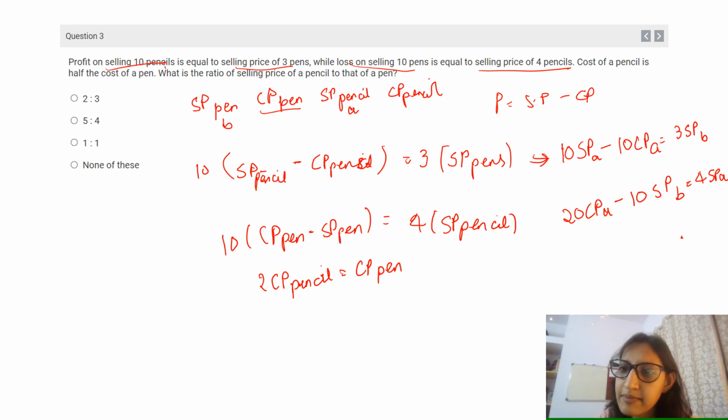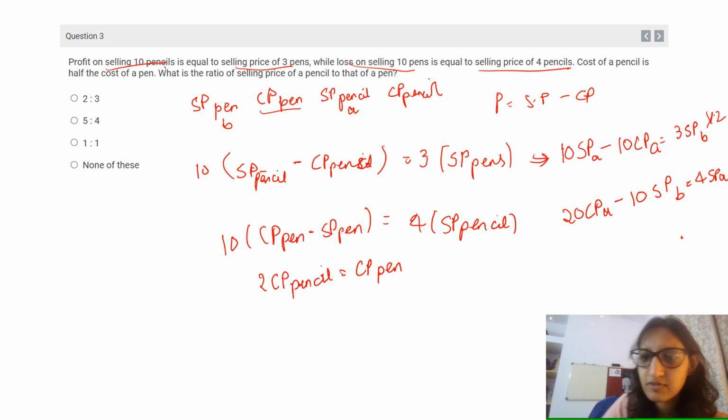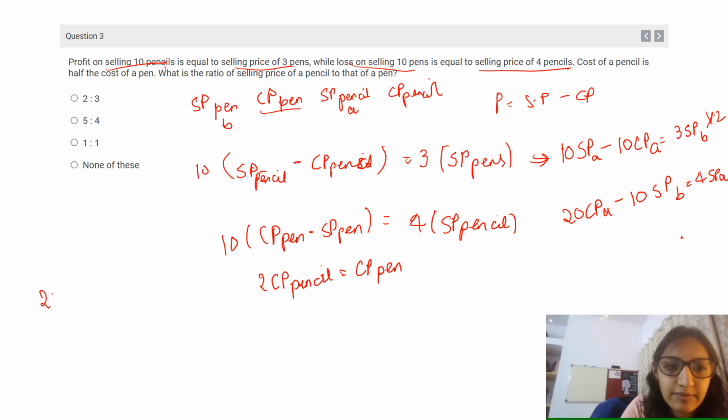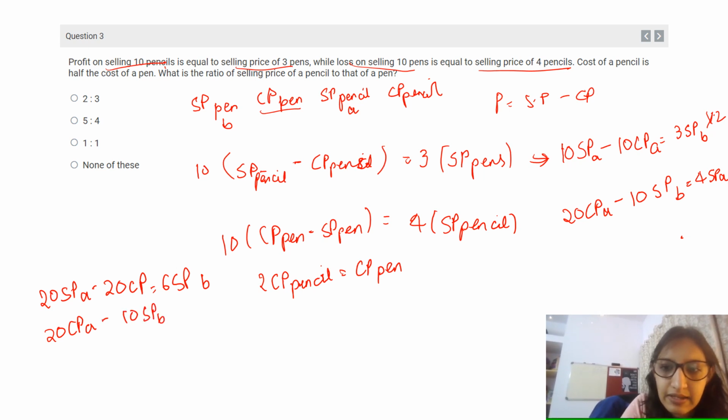So I'll just multiply this equation with 2 so that I can eliminate CP of pencil. When you multiply that by 2 you get 20 SPA minus 20 CPA is equal to 6 SPB, and this is 20 CPA minus 10 SPB is equal to 4 SPA.